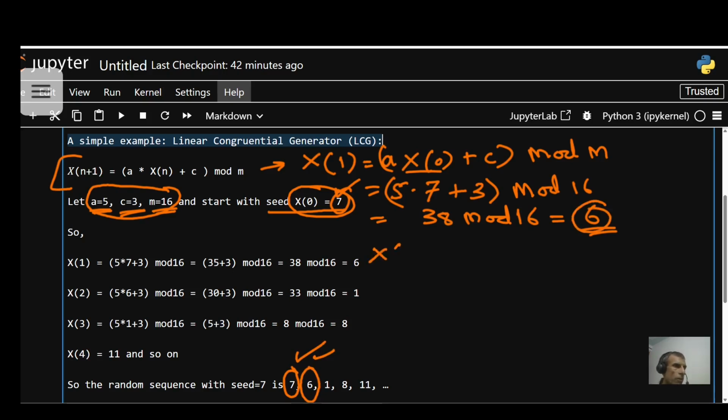For x2, use the same formula: a times x1, plus c, mod m.